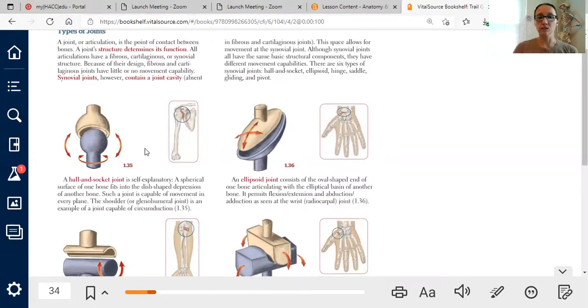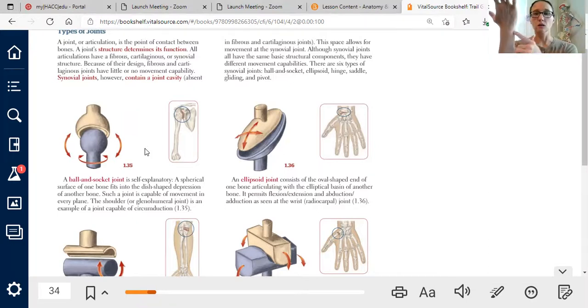An example of this one is the wrist, because the wrist allows an oval shaped movement. If I put all the movement together of my wrist, it's a combination of flexion, extension, abduction, and adduction. And it makes an oval. I can't make a perfect circle with my wrist. So that's a really good example of an ellipsoid joint because you can actually see the oval when I do it, right?